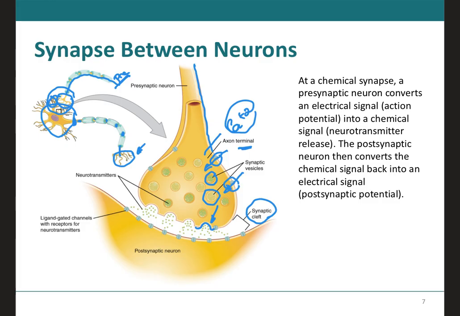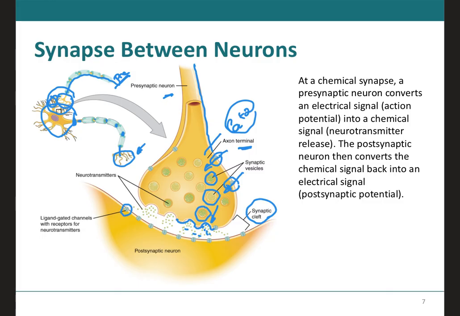Notice how the membrane of the synaptic vesicle fuses with the membrane of the presynaptic neuron and releases these neurotransmitters. And these neurotransmitters bind to these ligand-gated channels.